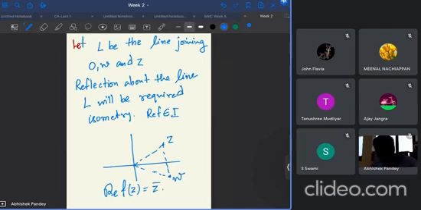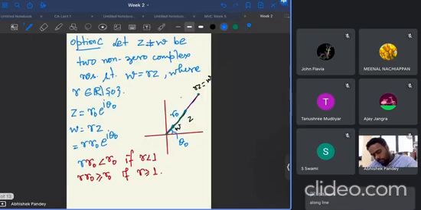So it is a routine check what the reflection about the line L would be. It means that whatever the point is here will go to here. I mean, you can use the coordinate system to find the equation of the line.